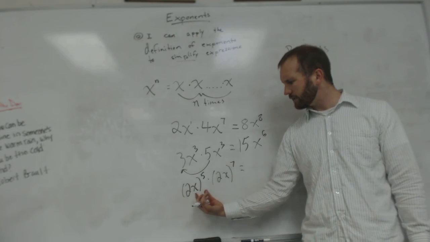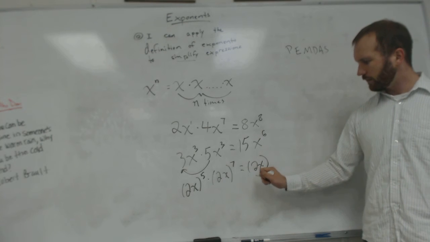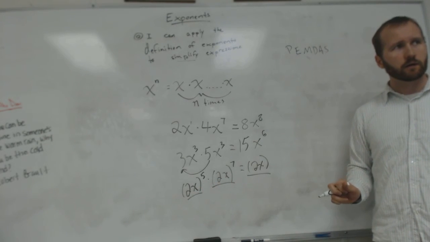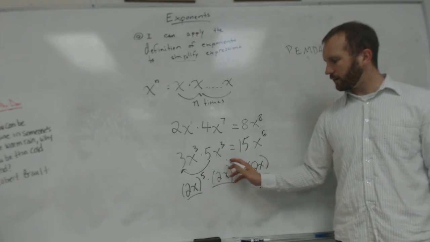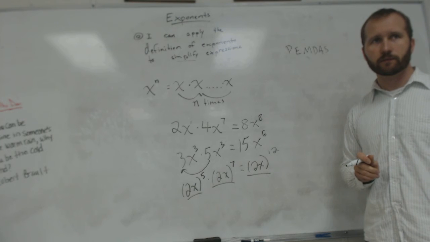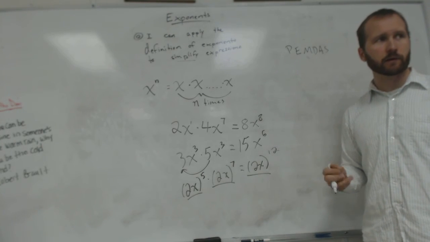So instead I just leave the 2x in the parentheses. That is my base. And now I add the 5 and the 7 to make, well, 2x to the 12th power.